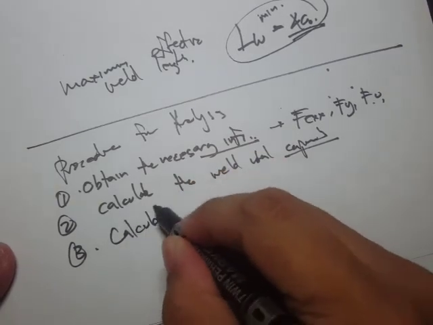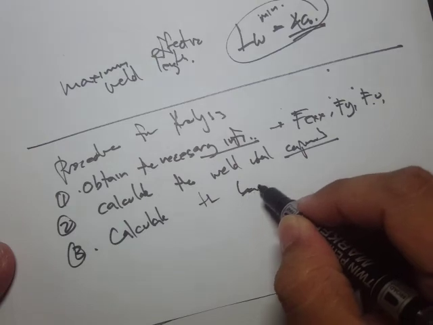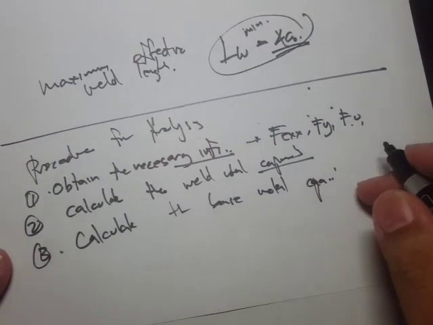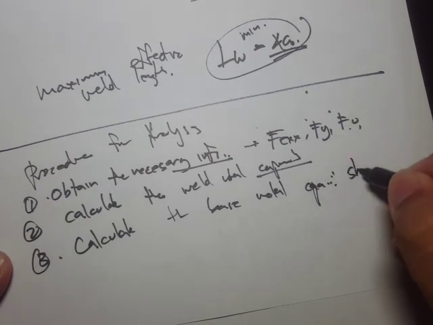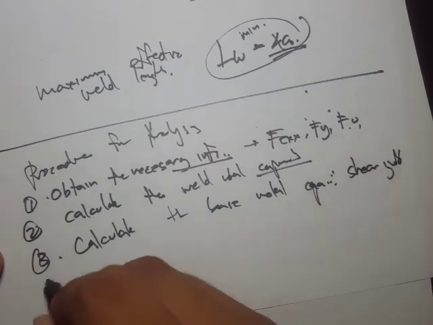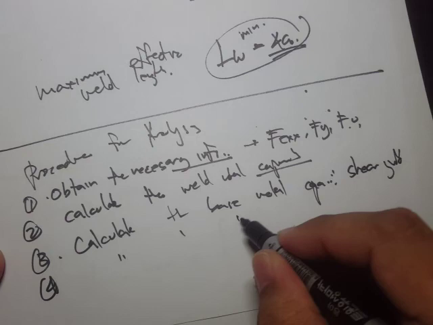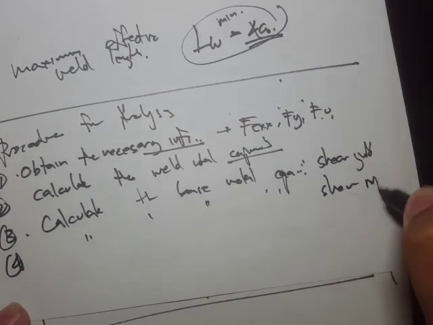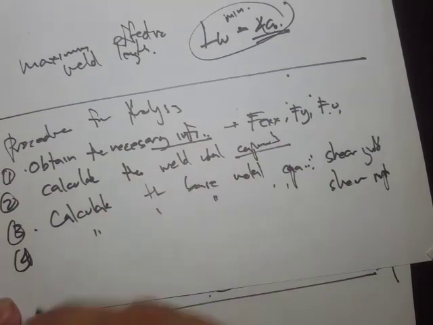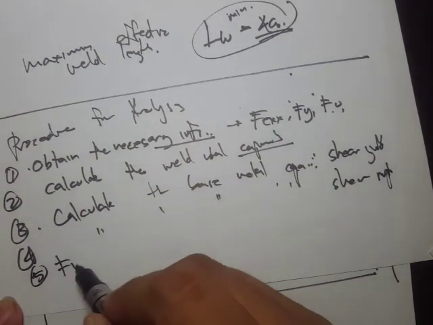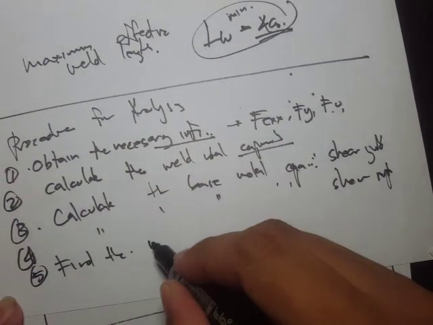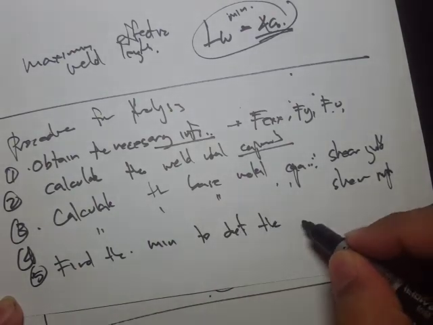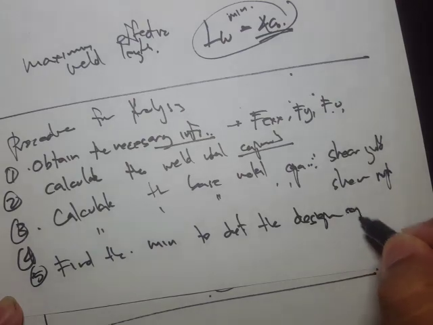The next step is to calculate the base metal capacity. Since we have two, let's say shear yielding first. Then for the next step, calculate the base metal capacity for shear rupture. And once you've done that, then you can find the minimum to determine the design capacity.